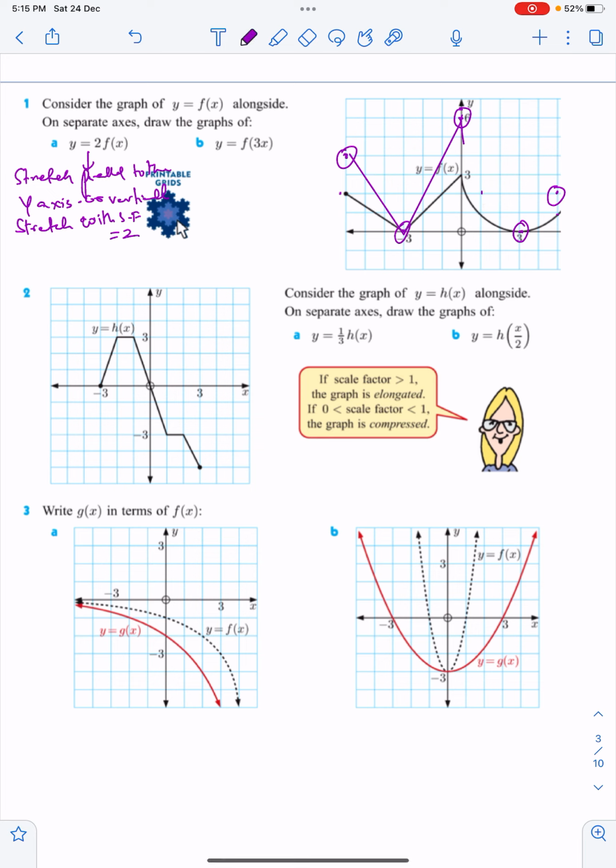So I am marking this point so that the graph is easier for me to draw. This is the first part done.